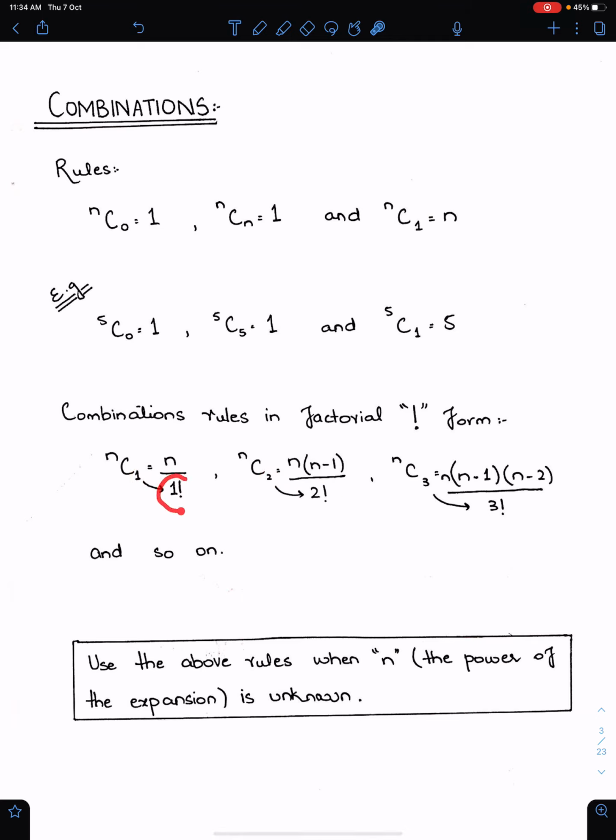Since this is 1 factorial, so we must have just one term in numerator, n. This is 2 factorial, so we must have two terms in numerator in descending order, n times n minus 1. This is 3, so this must be 3 factorial, and we must have 3 terms in numerator in descending order, n, n minus 1, n minus 2 and so on.